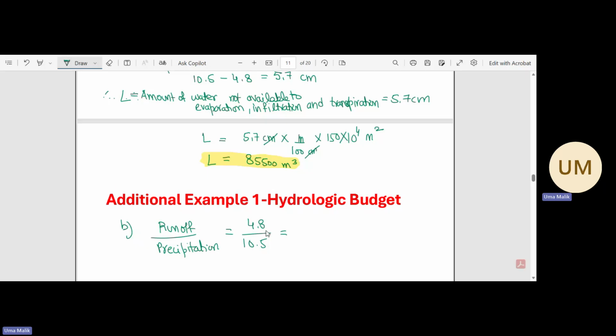So your answer is, just a second, let me calculate. It is 4.8 divided by 10.5. So you are getting 0.457. So this is the complete solution of your problem.